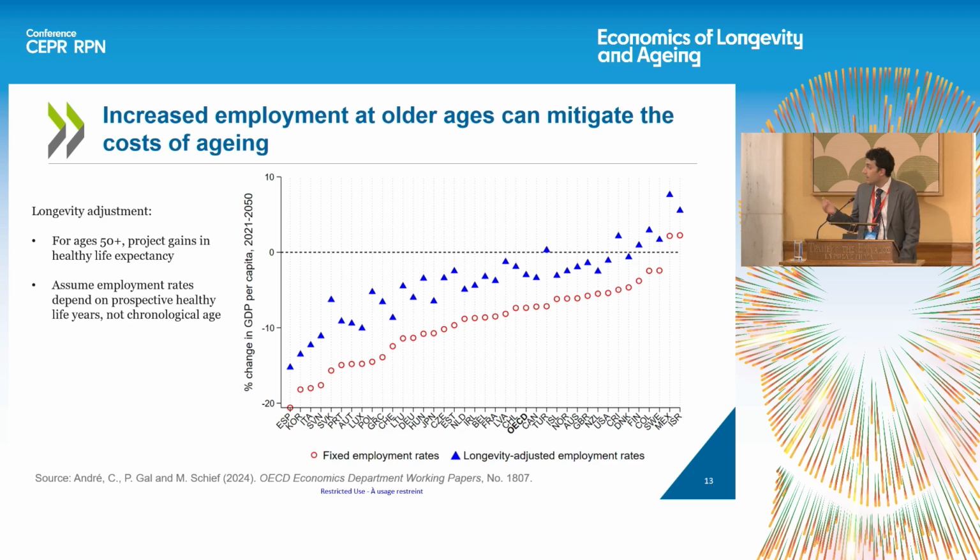So for example, in 2050, if there's an age group that has 20 years of healthy life ahead of them, then we'll assume that their participation rate is the same as the age group today that has 20 years of healthy life ahead of them. Doing that, you can see that the participation rates of older individuals would increase substantially, and the cost of aging would be therefore lowered. However, in most countries, there's still a drag from population aging.